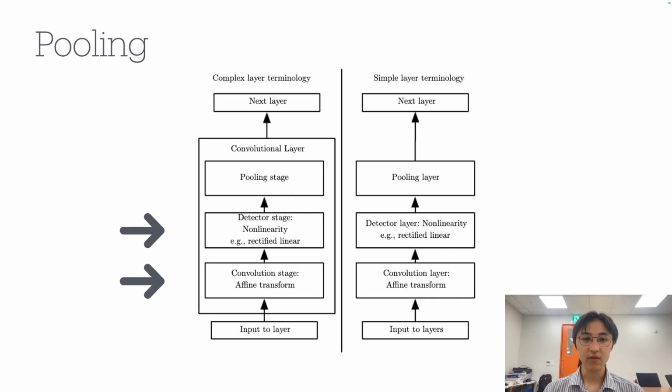After applying this nonlinearity, we use pooling. Pooling means getting something from the resulting output. For example, in max pooling, we have a given array of values, and we get the maximum out of that array.